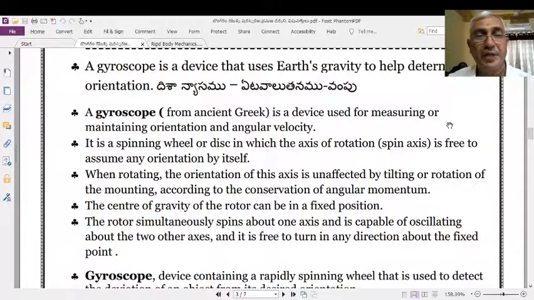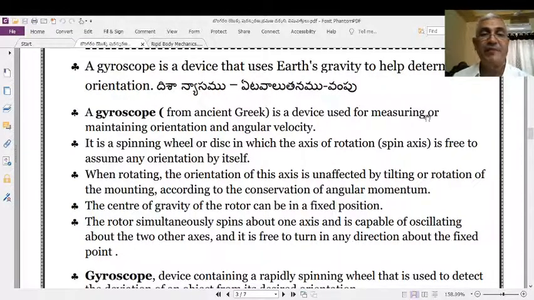If this gyroscope is used in an aeroplane, for example, then by means of it we can measure the orientations and angular velocities and also maintain the required orientations and angular velocities in the course of motion of that vehicle, the aeroplane. So the gyroscope is a device used for measuring or maintaining orientations and angular velocities.